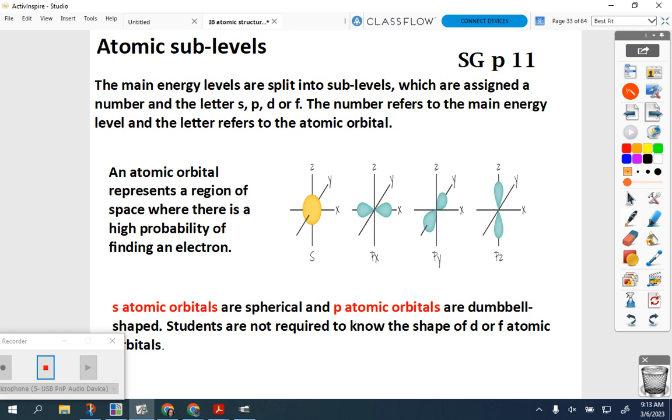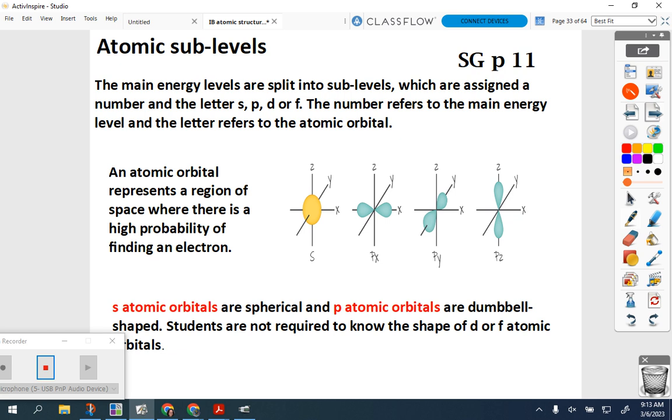Okay, so then within the principal energy level, we have sublevels. The principal energy levels get numbers. The sublevels get letters. So each letter indicates a different type of orbital. The orbital is the sort of smallest container for electrons that holds 2 electrons.